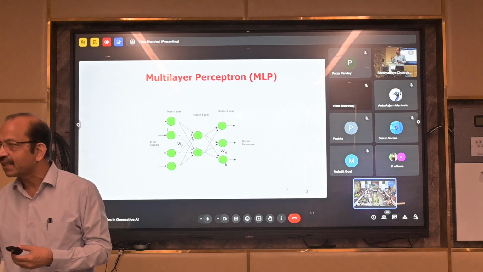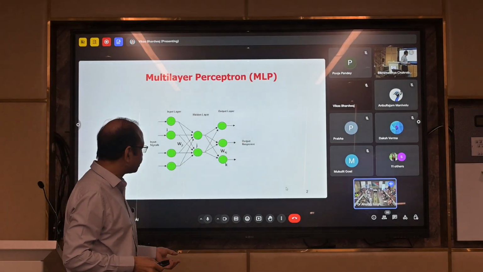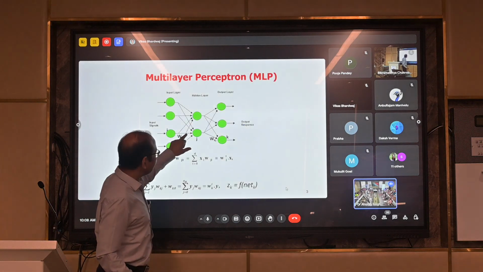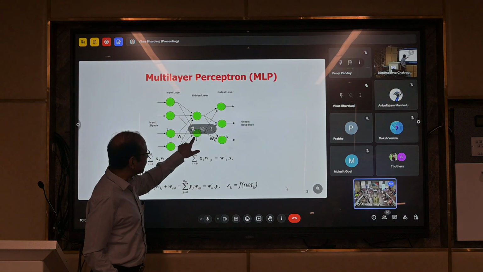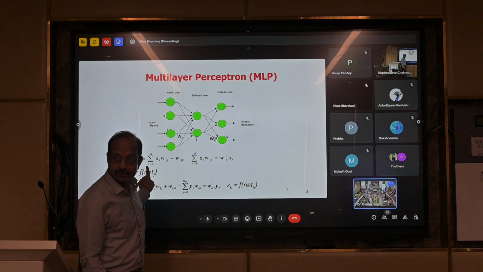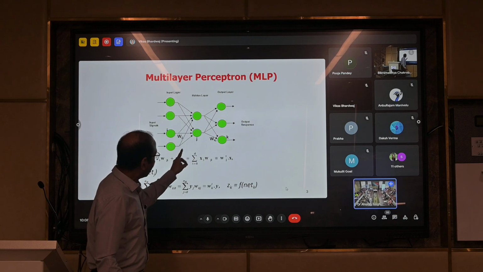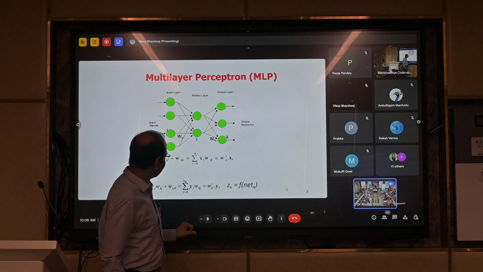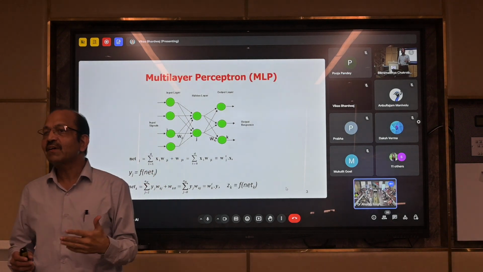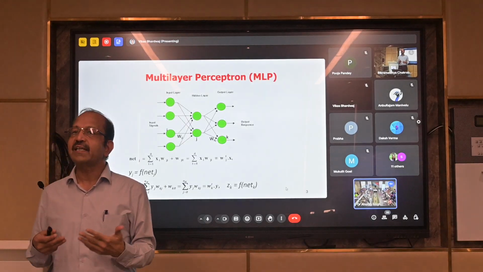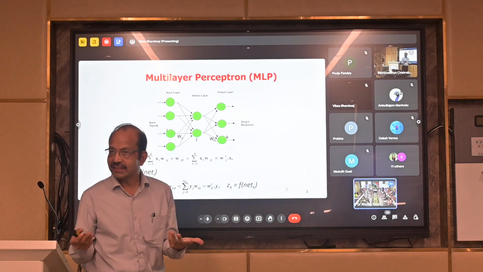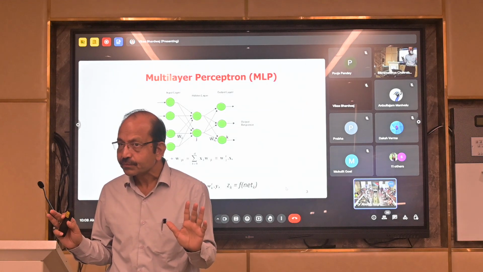I assume this is the net input reaching the jth neuron, and I use the notation net j. The output of this jth node is given by yj, which, depending upon the activation function you are using, is f of net j. Is it fine?